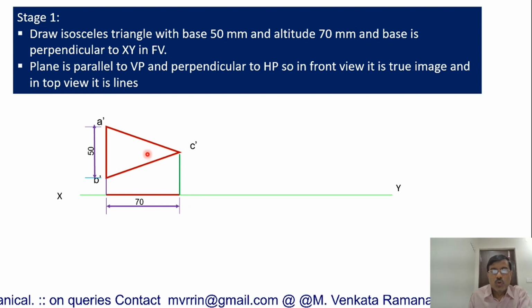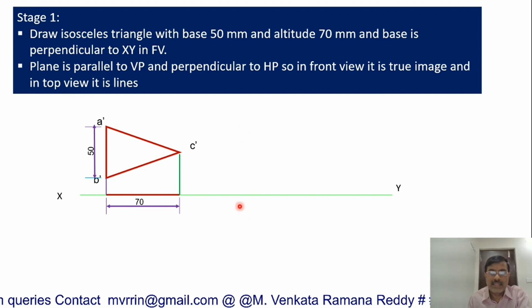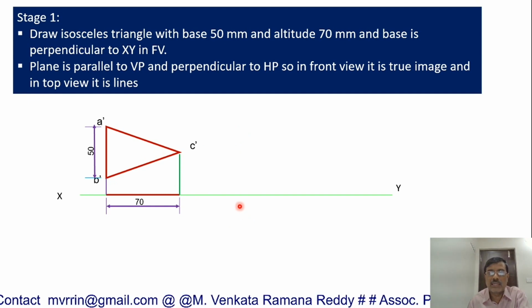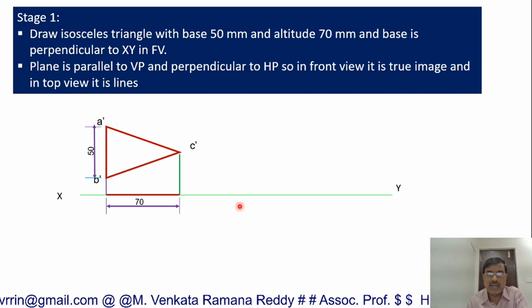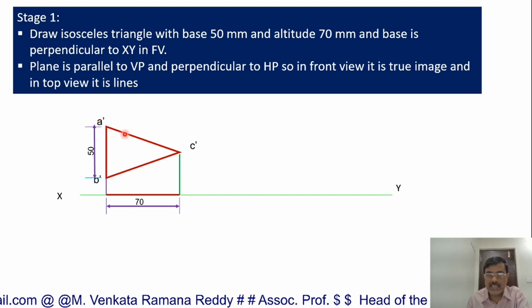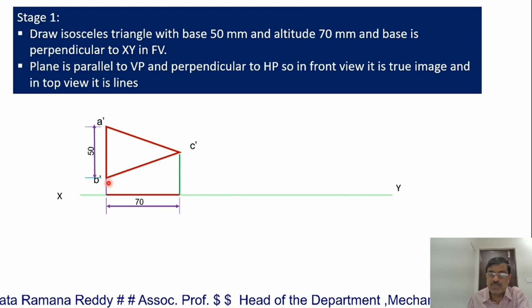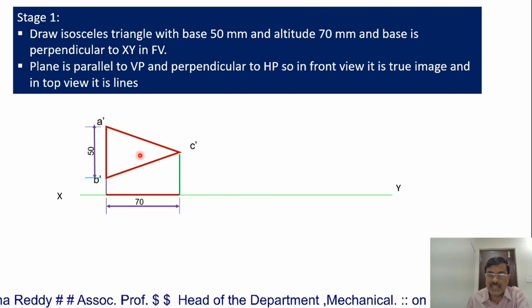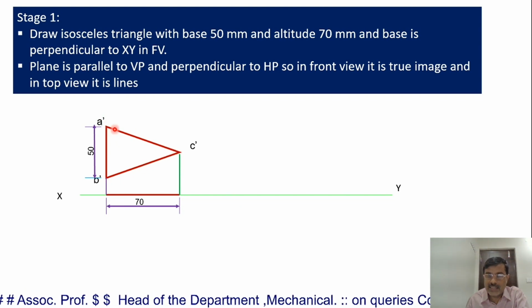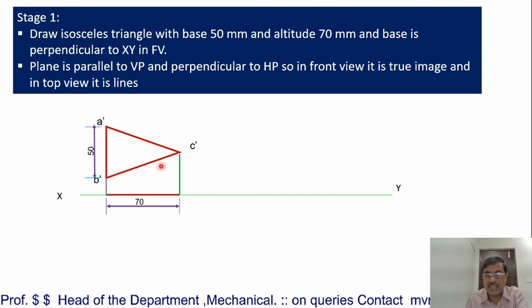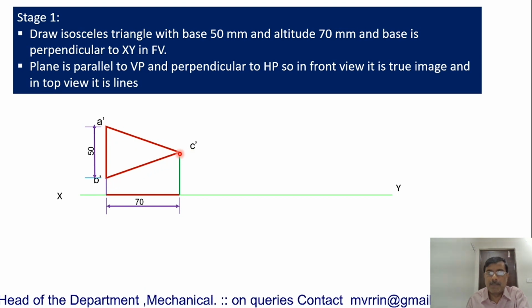Then we'll move towards the second stage. In the second stage, it is mentioned that in front view it appears as an equilateral triangle of 50 mm side. That is, we have to fix A dash B dash, that is the 50 mm side, and rotate the remaining plane surface so that A dash C dash length and B dash C dash length become 50 mm.